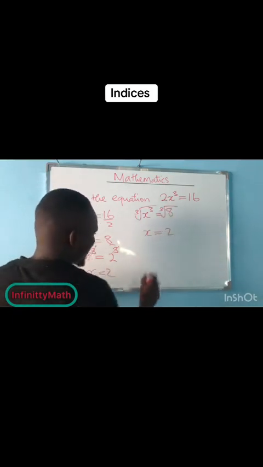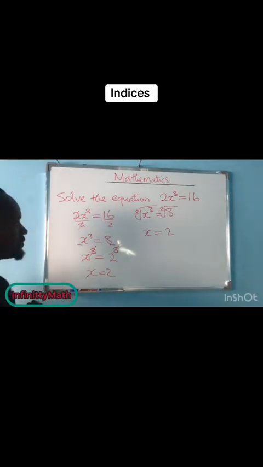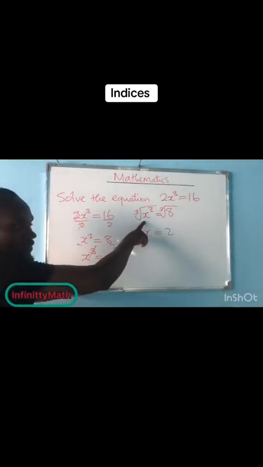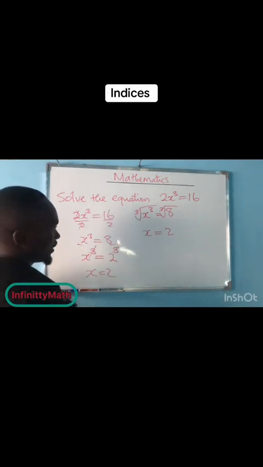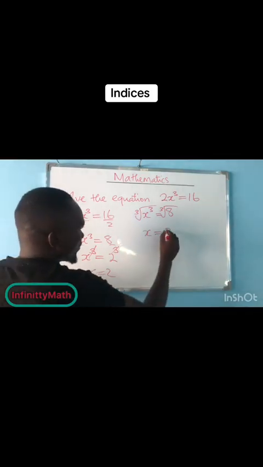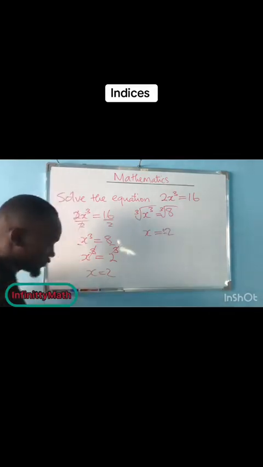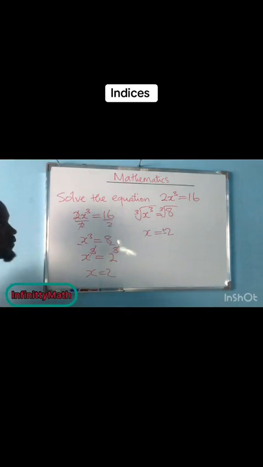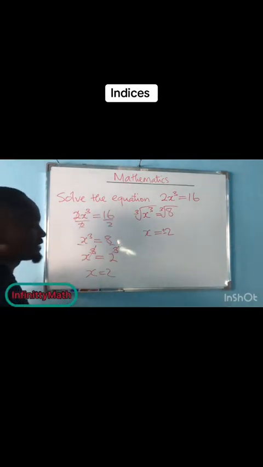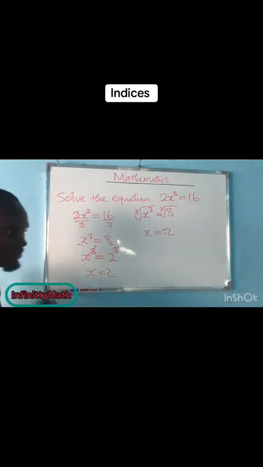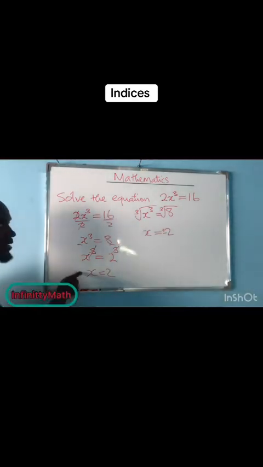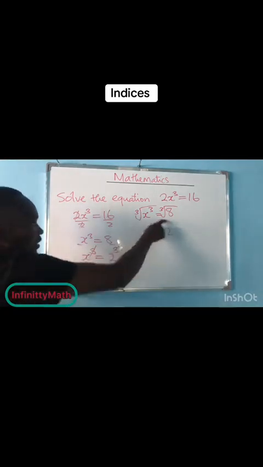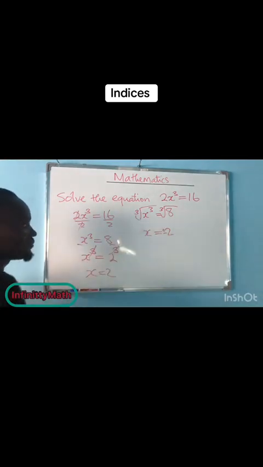The cube root of 8 is basically 2. But the problem here is that, because we are trying to find the value of x, we'll not just have x equal to 2, but x equals plus or minus 2. So the negative part comes in because of this setup. You can choose between the two, but I would recommend the first one, because here you need to find a negative and a positive.